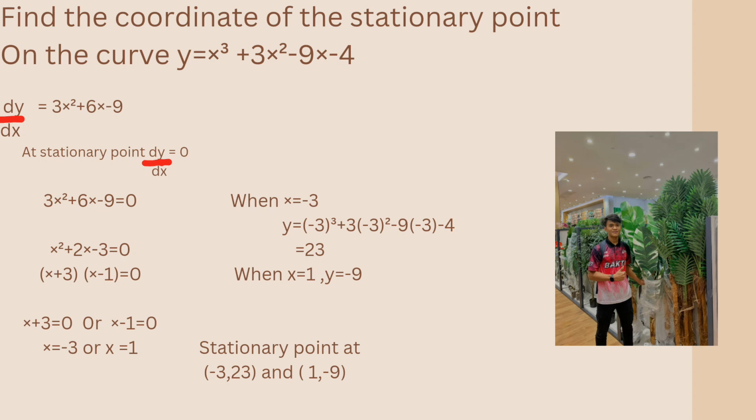When x equals negative 3, y equals (negative 3) cubed plus 3 times (negative 3) squared minus 9 times (negative 3) minus 4, equal to 23. When x equals 1, y equals negative 9. The stationary points are at (negative 3, 23) and (1, negative 9).